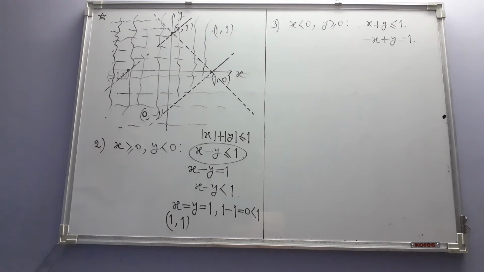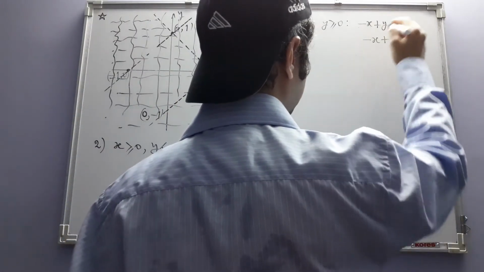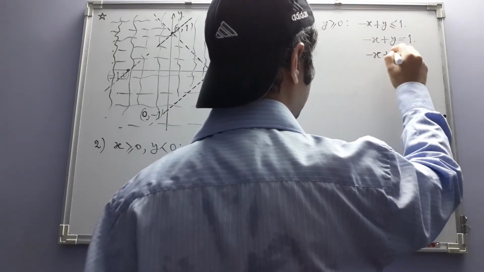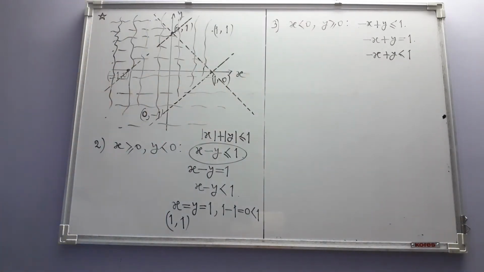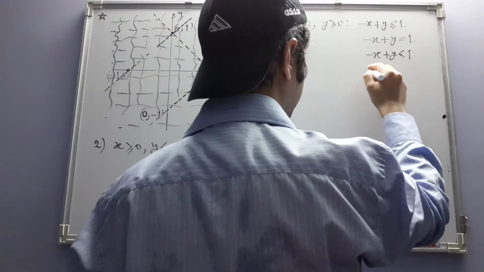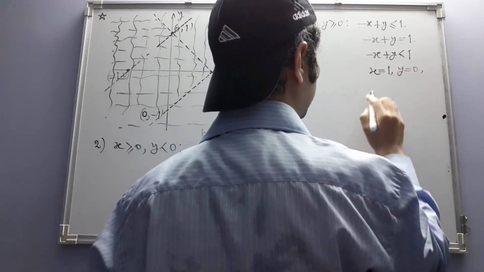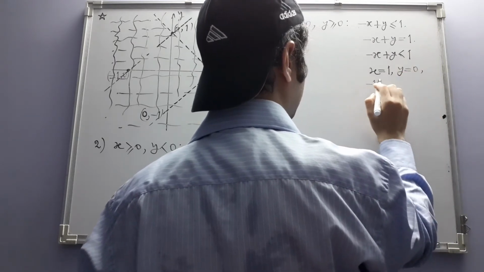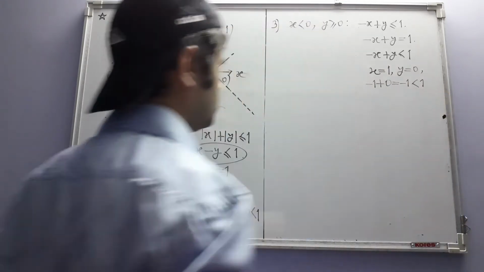But which side of it should we take? That will be determined by any point that satisfies this inequality, minus x plus y less than 1. So we can take x equal to 1 and y equal to 0. If you take x equal to 1 and y equal to 0, then you get minus 1 plus 0, that is minus 1, so that is less than 1.